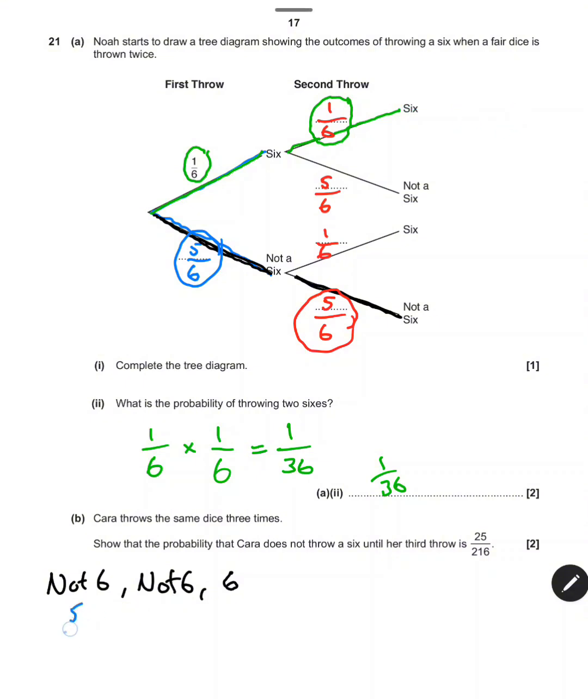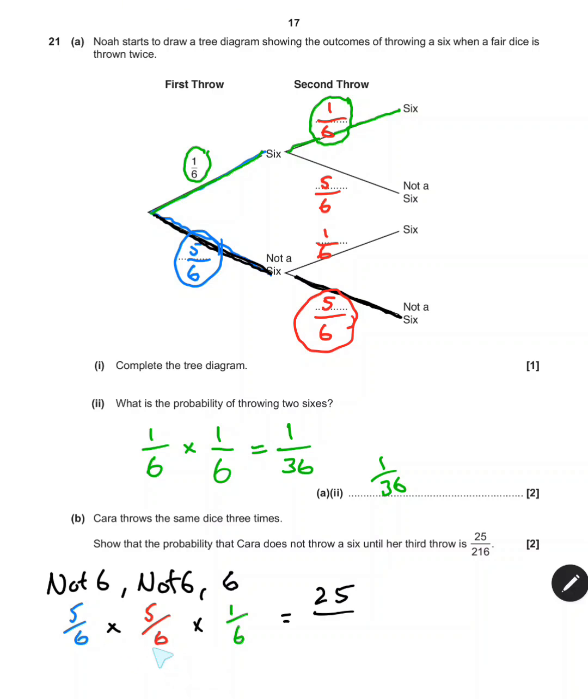So we've got 5/6. We've got another 5/6. And then the probability of a 6 is the same as anywhere else on the probability tree, which is 1/6. And what we need to do is just multiply all these together. 5 times 5 times 1 is 25. 6 times 6 is 36.